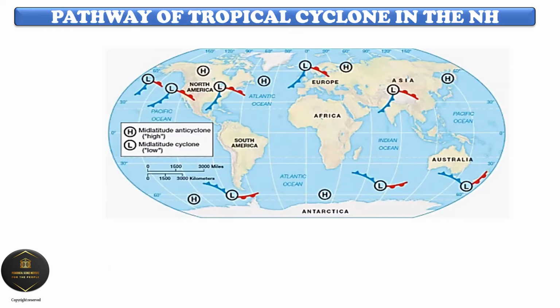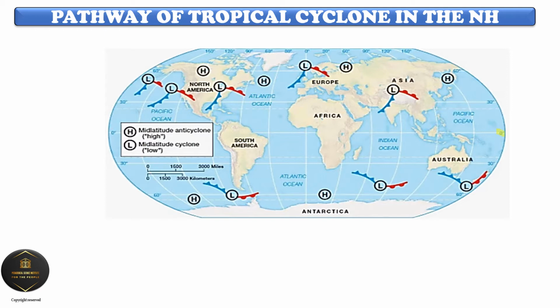Now, I want us to then think about the pathway in the northern hemisphere. So remember, it will form where? It will form at 0 degrees. I mean, that will be the expectation. What's this? Will form outside 0 degrees.